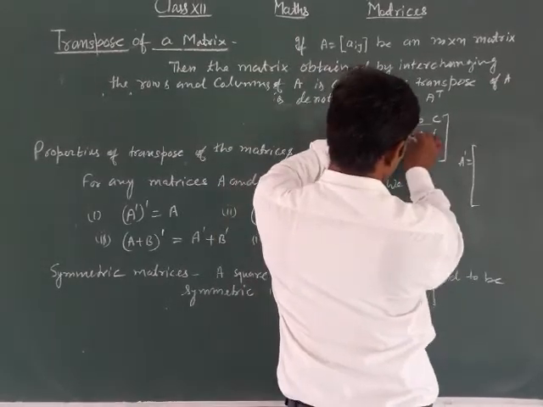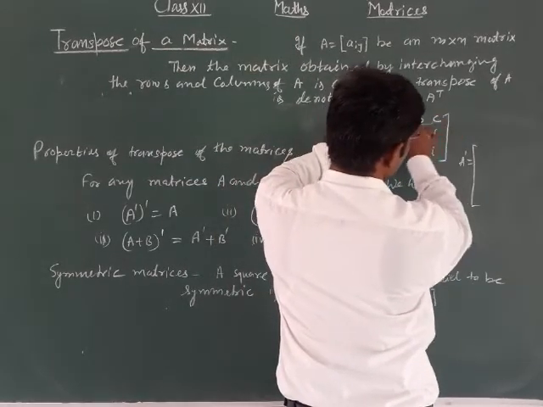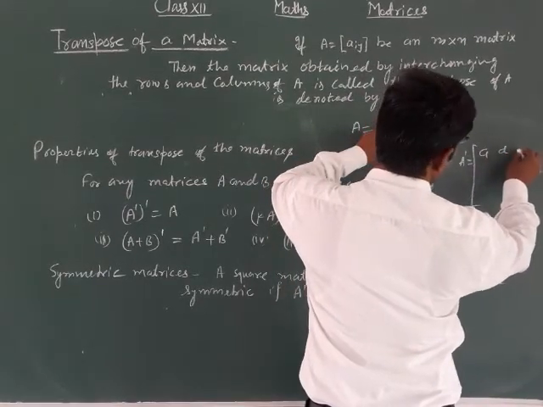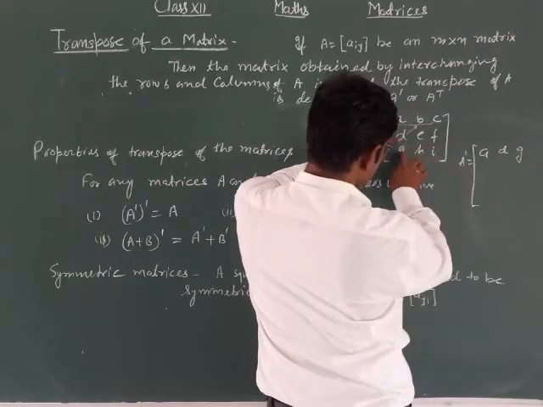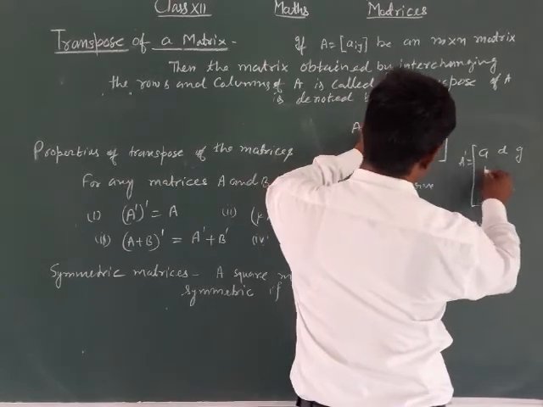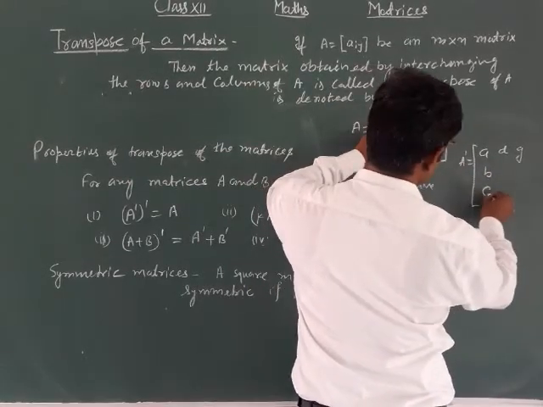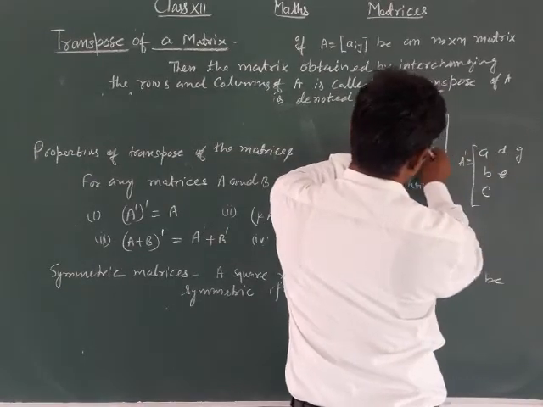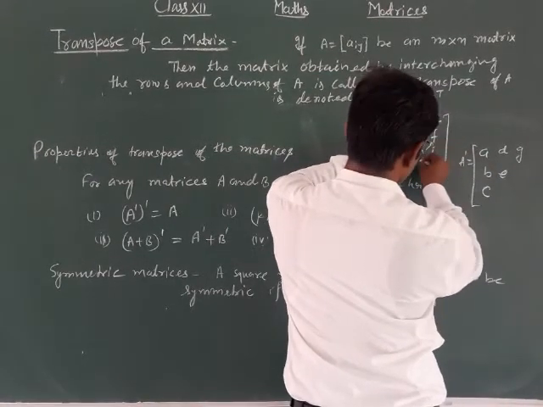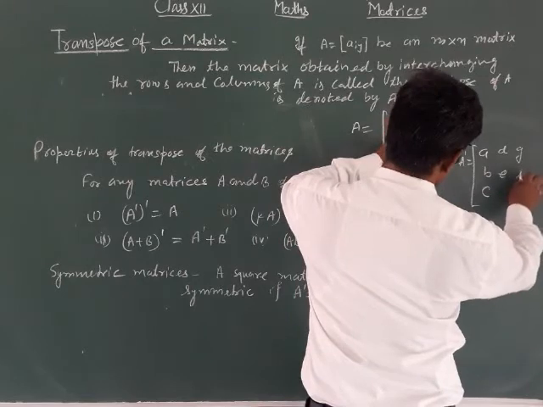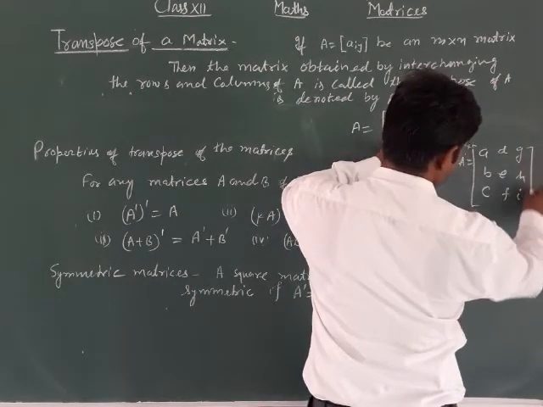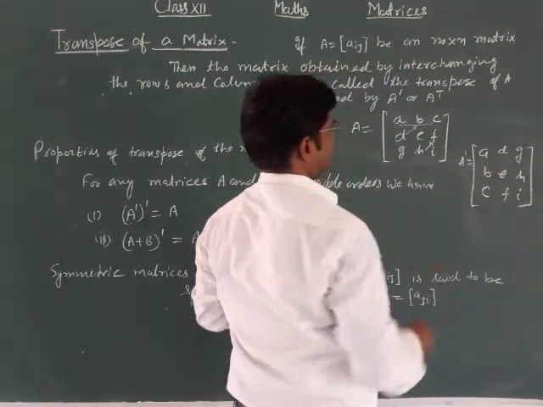A stays in its place, A and D change, B and C and E, and H and F, I. So this is A dash.